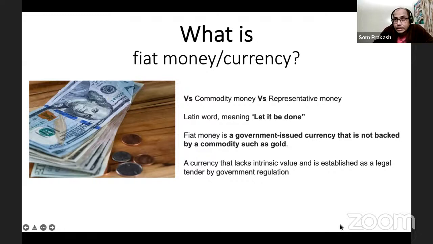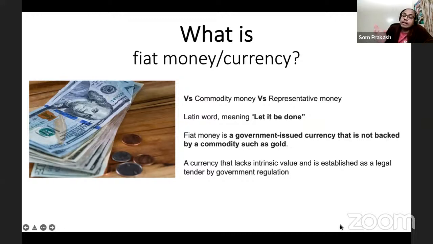Everyone in the society agrees to that, and that becomes legal tender. It can be used to exchange products or services. But you have to understand that the intrinsic value of that piece of paper is not much, or it's nothing. So a fiat currency doesn't have any intrinsic value.